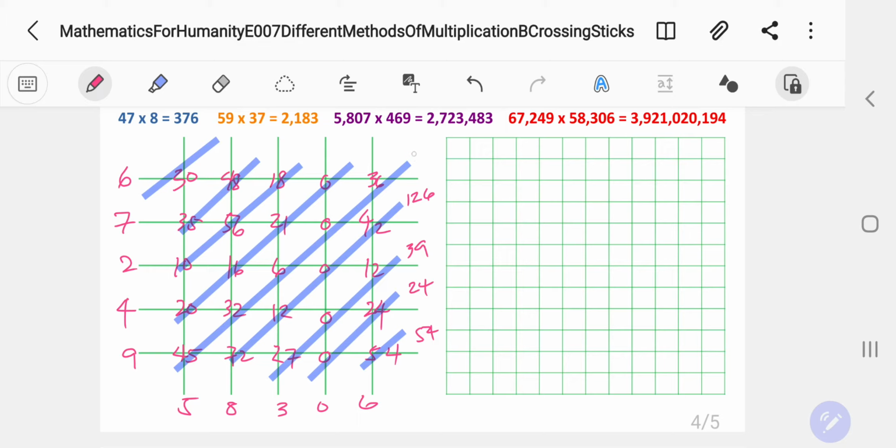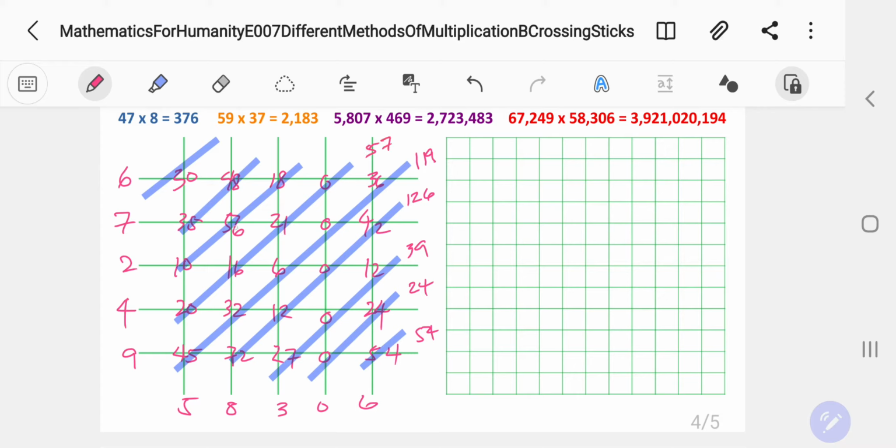119. Okay, 119. So this is 20 plus 16 would be 36, plus 21 would be 57, plus 0. So this is 57.